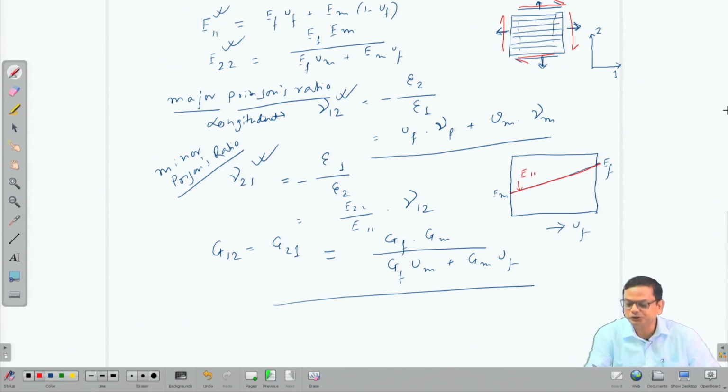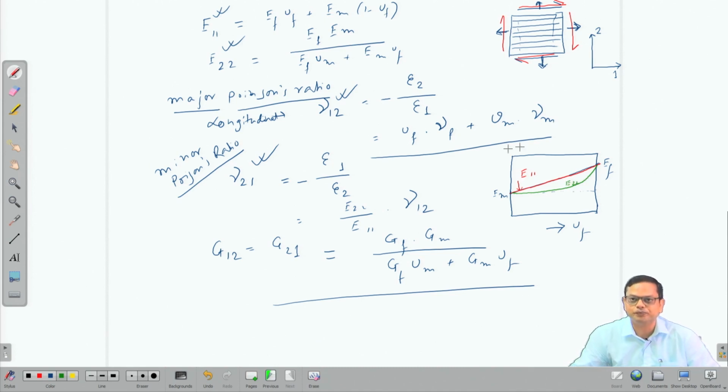If we try to plot E22, how would that look? So, in case of longitudinal, it is linear, as you can see from this red line, but in case of transverse E22, it will not be linear, but it will have a curve, a non-linear relationship like this, and this is your E22.